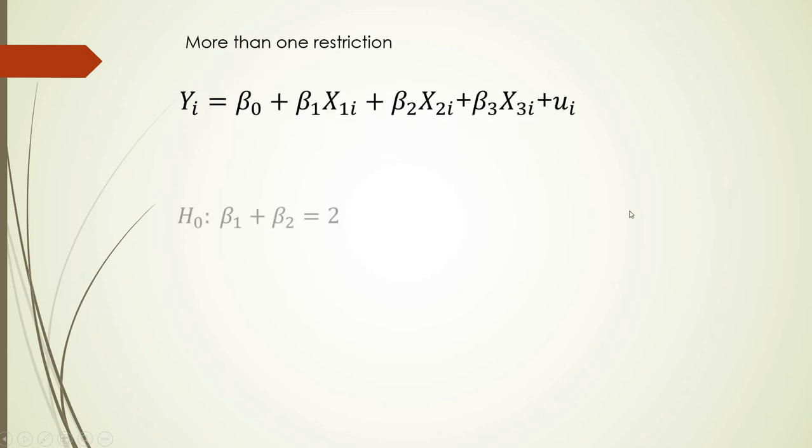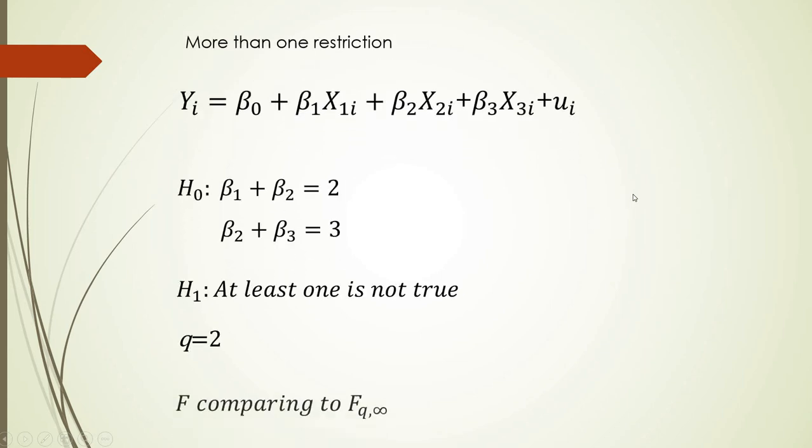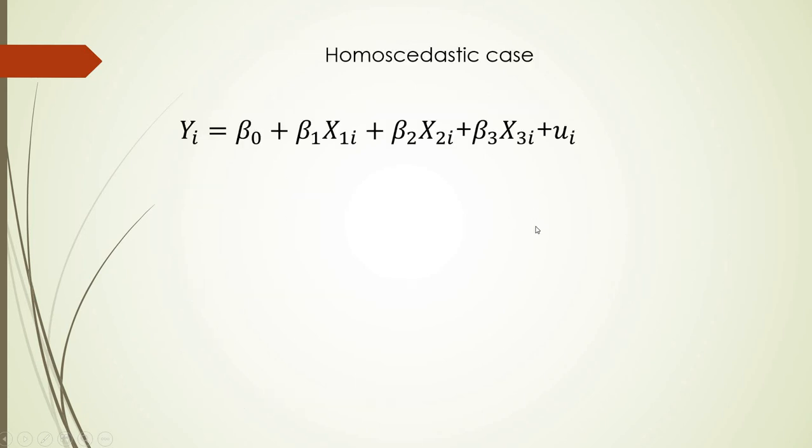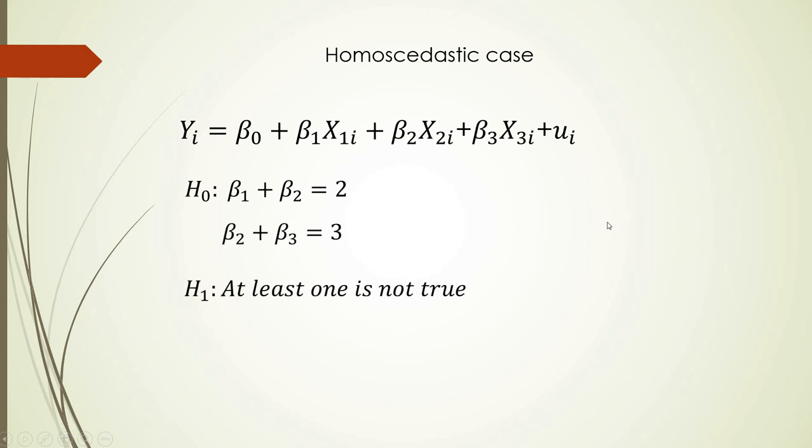If there is more than one restriction, then it's getting more and more complex, but it is the same approach: you need to know algebra a little bit better, and then implement these restrictions in the model, and then develop a new equation with the entire restriction in one coefficient. Homoscedastic case, the same as before.